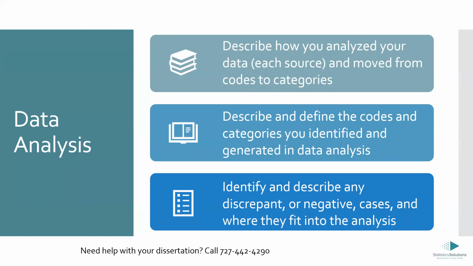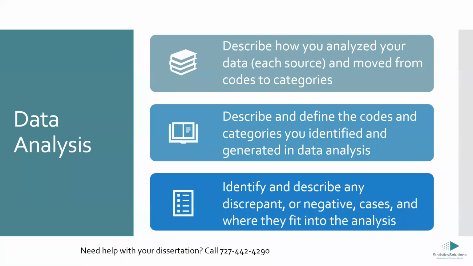And normally we talk about coding because in qualitative analysis, you're probably going to be coding some type of data: observation, document, interview transcript, focus group transcript, all of the above. How did you move it from codes to categories to themes?